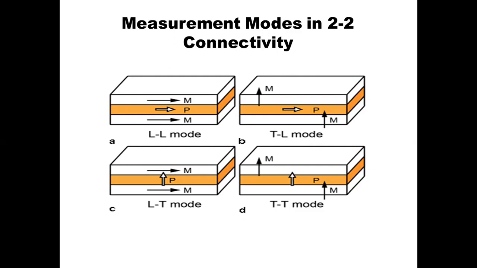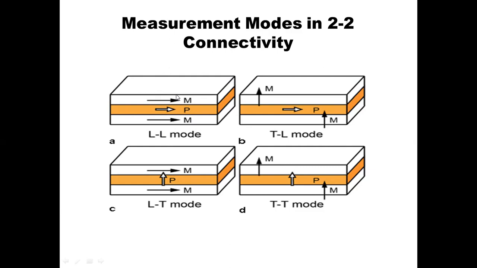In this connectivity, how the measurements are made is depicted here. This is called the LL mode. This is a 2-2 connectivity, but it is referred to as the LL mode. LL mode means longitudinal mode.